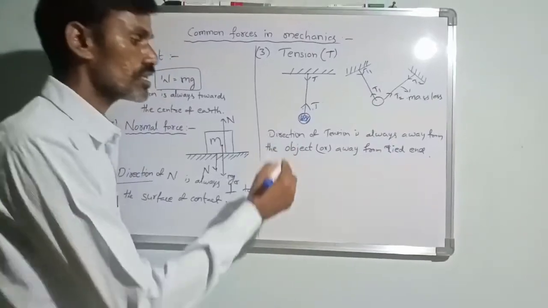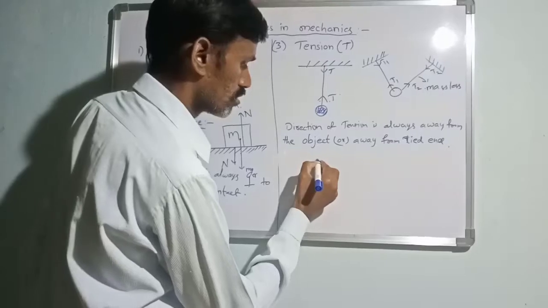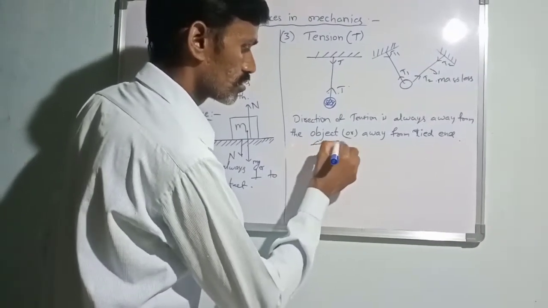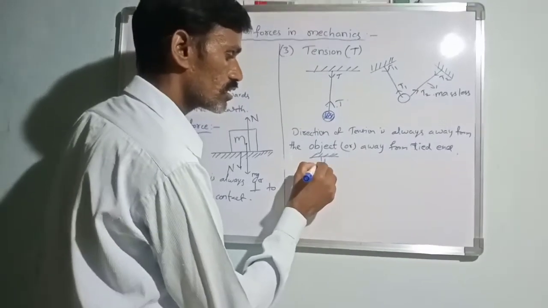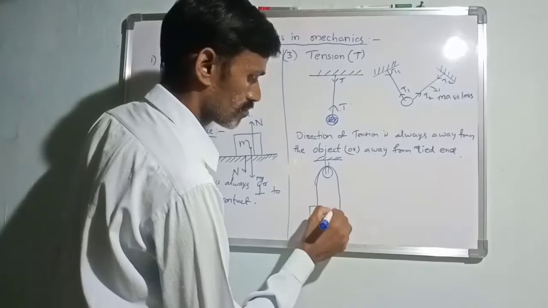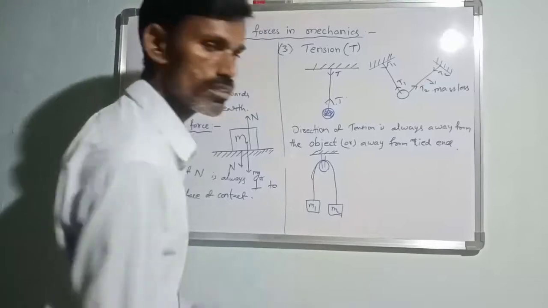In some cases the string is run over pulleys. So suppose this is a frictionless pulley. On this pulley the string is hanged. So this is M1 and this is M2.